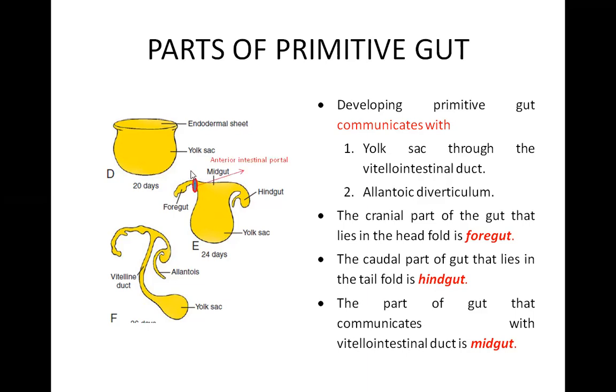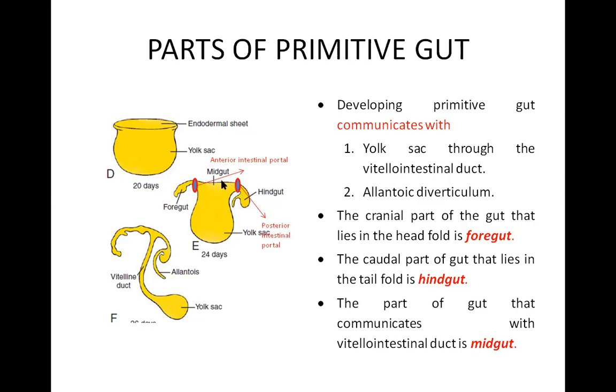So, the cranial part of the gut, which lies in the head fold, which is bound anteriorly by the stomodeum and posteriorly by the anterior intestinal portal, which corresponds to the opening of the common bile duct, is known as foregut. Then the midgut, it is bounded anteriorly by this anterior intestinal portal and posteriorly by the posterior intestinal portal.